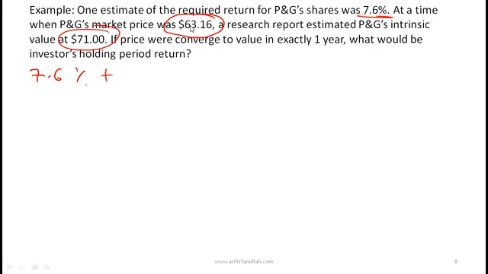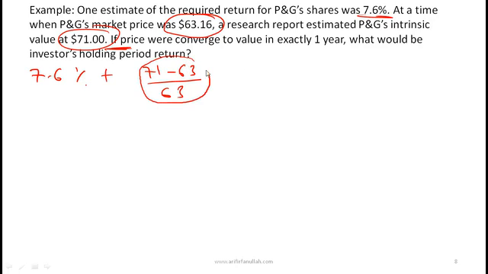So that is the difference between the two, 71 minus 63 divided by 63. So if the mispricing goes away, then that's the return. Obviously there is a big if. What's the if? If this price were to converge exactly in 1 year, then your return over the year would be this amount.